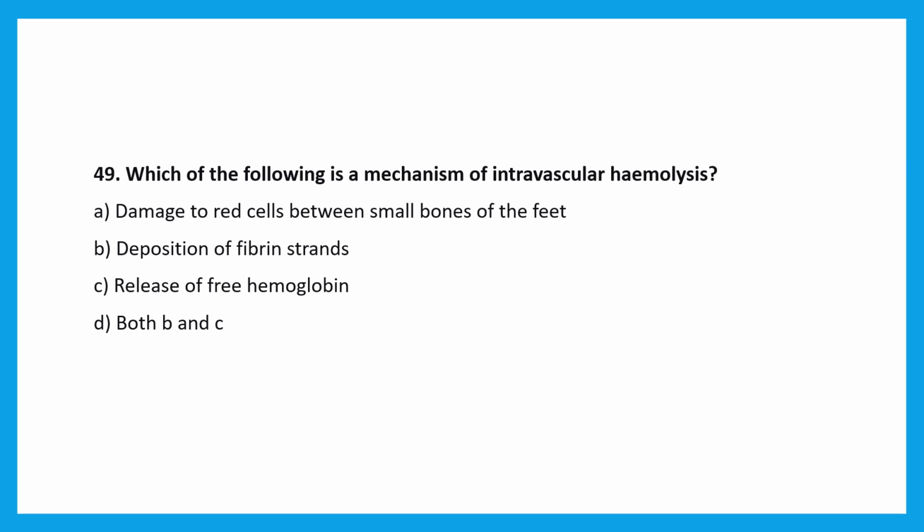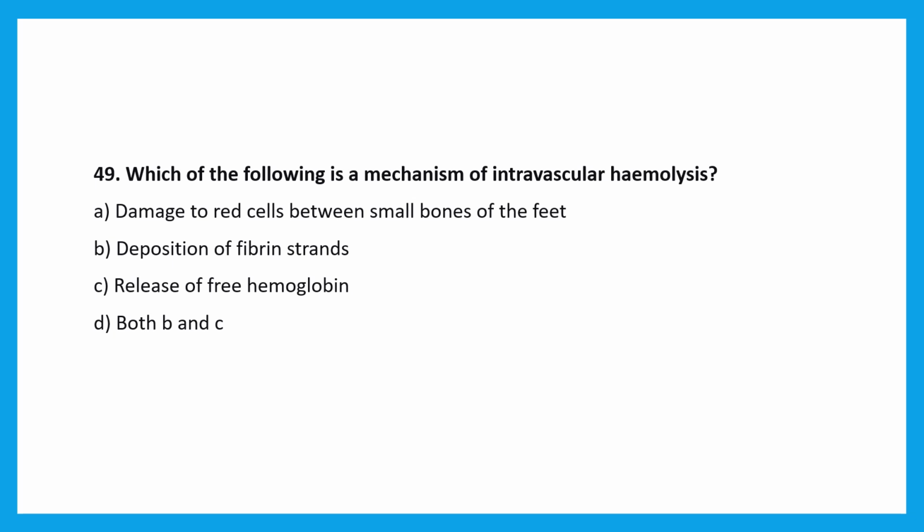You need to know that the mechanism of intravascular hemolysis includes mechanical damage, like fibrin strands in disseminated intravascular coagulation, and also thrombotic thrombocytopenic purpura. All this leads to the release of free hemoglobin, which is option C here.